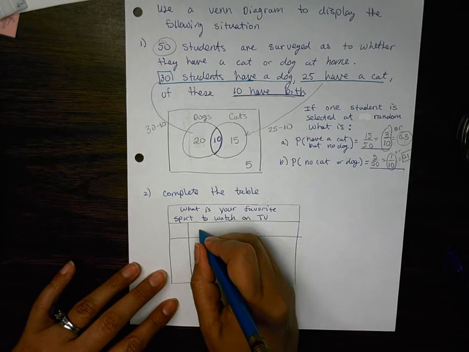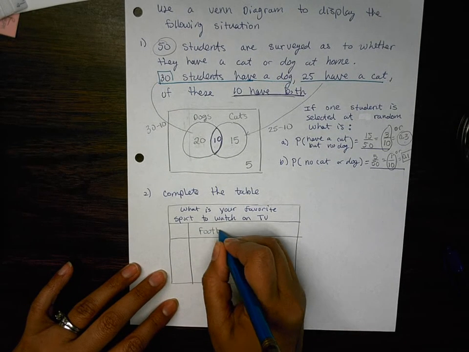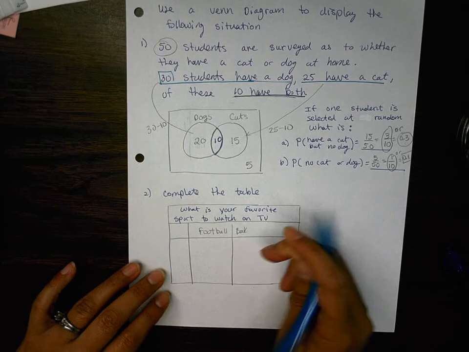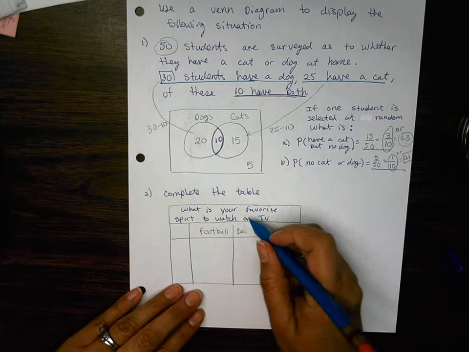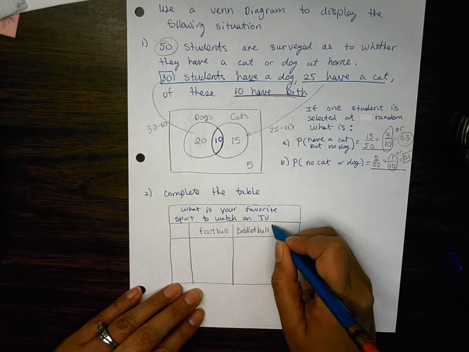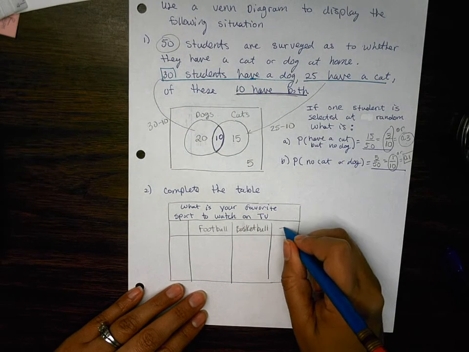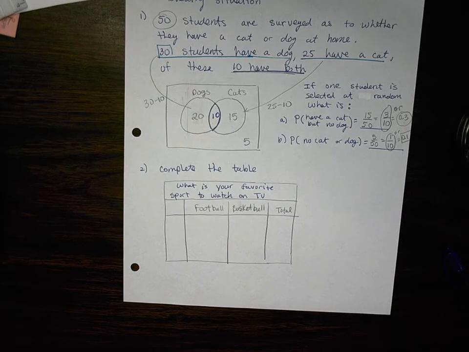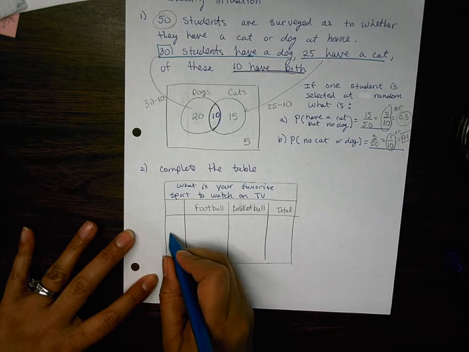And the only choices are football and basketball. Okay, now I know there's baseball and any other number of sports, but this is all we're dealing with for this survey. So what do we have?